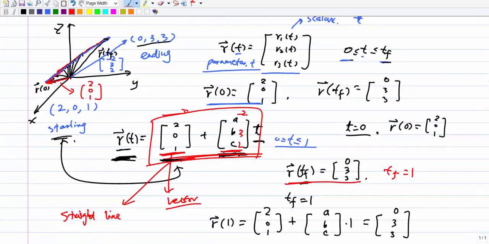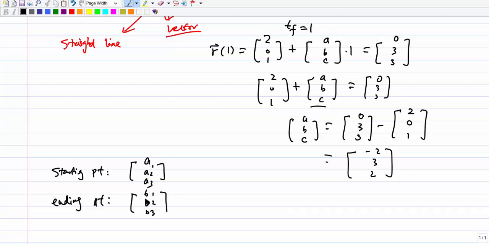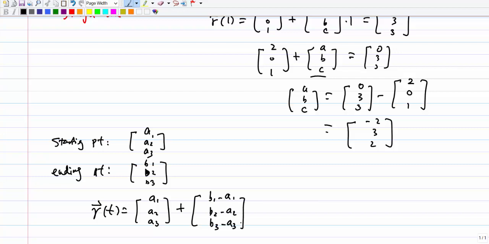So in a general case, if I give you a starting point (A1, A2, A3) and an ending point (B1, B2, B3), the straight line's parametric form can be written as r(t) equals (A1, A2, A3) plus (B1 minus A1, B2 minus A2, B3 minus A3) times t, with t from 0 to 1.